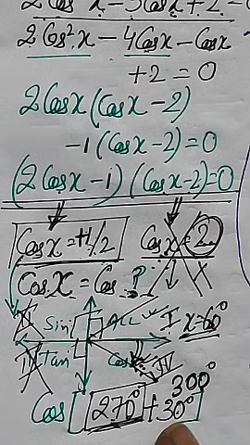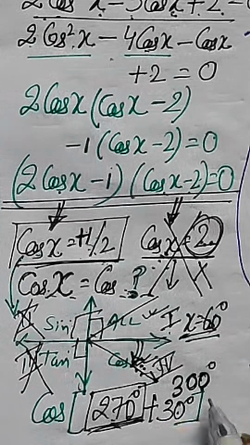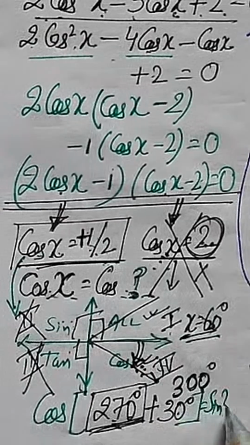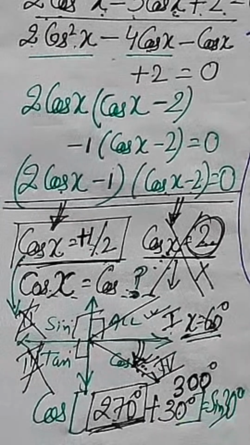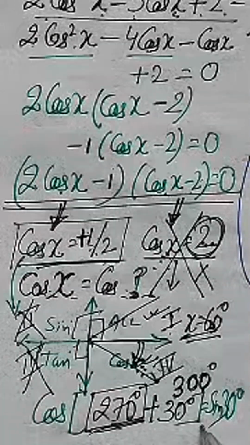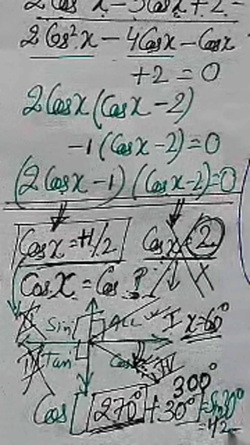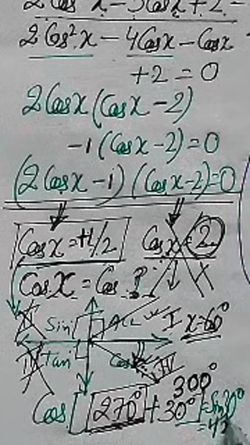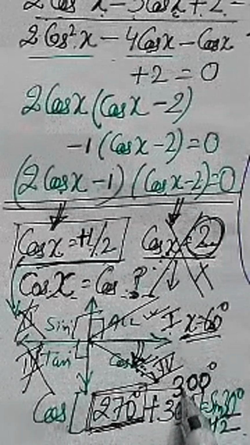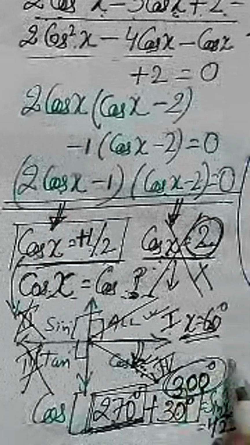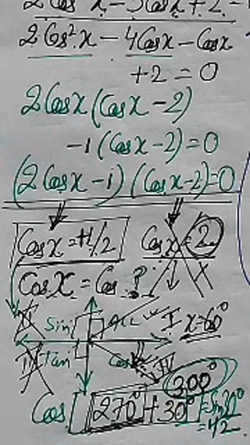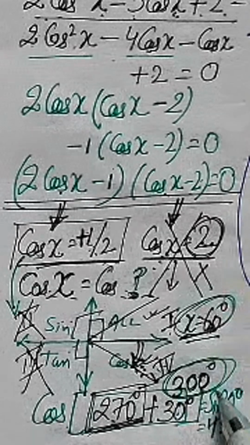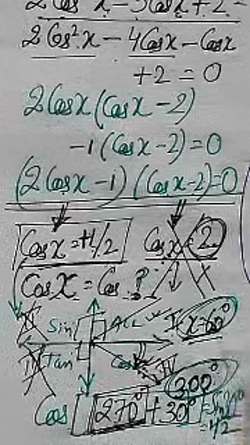And sin 30 degree value is 1 by 2. So that's why the value of theta here is 270 plus 30, which gives you 300 degree, right? So the value of x is either 60 or 300. These are the two solutions for this equation, right?